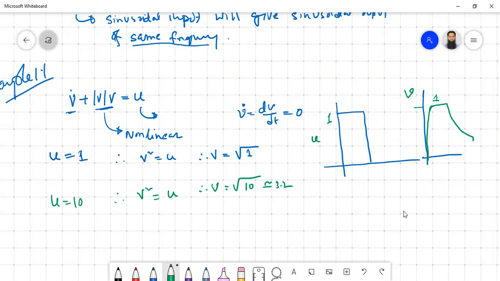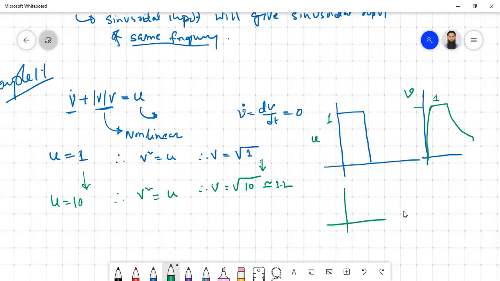So as you can see, for one input we are going to a value 1 output, but for another input 10, we're actually going to some other value, 3.2. So basically, these values are not multiplied. If you multiply the input, the output is not multiplied by the same factor. So basically, it represents a nonlinear system.